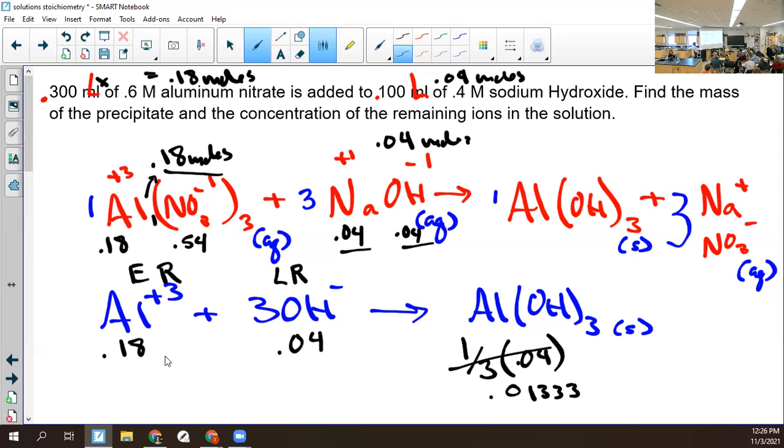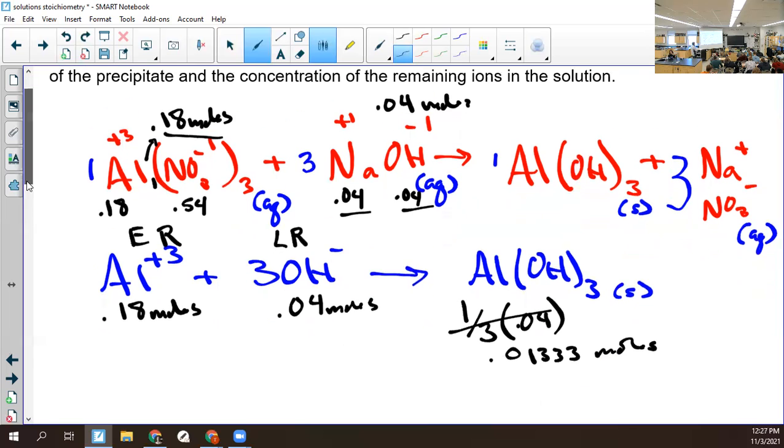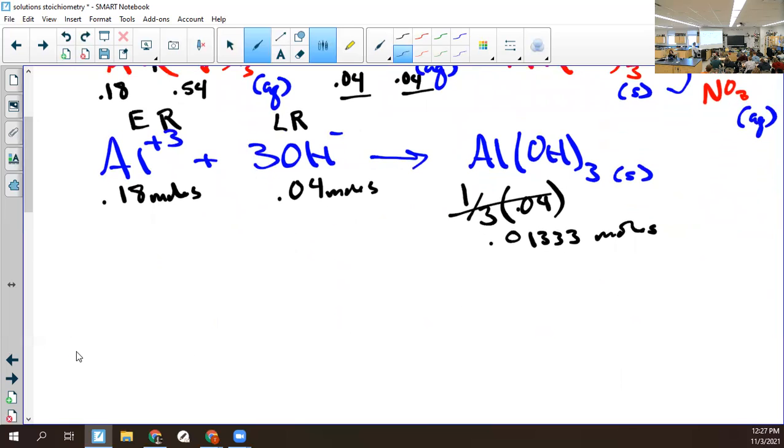Now, all these answers were moles, correct? So in my answer, I want to know the grams of AlOH3. I am now at a point where I can do it. Ask your partner, do you remember how to find the grams of AlOH3 from where we are?